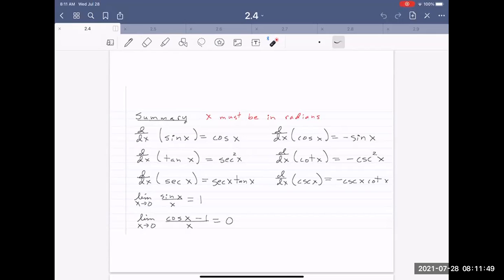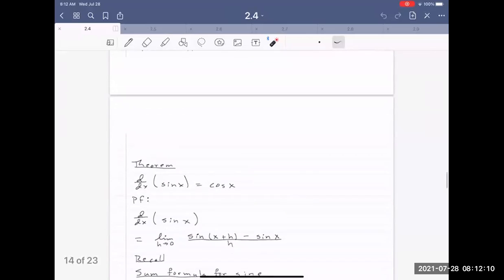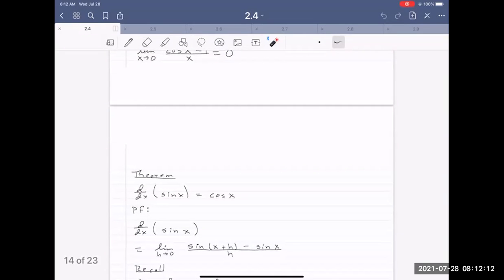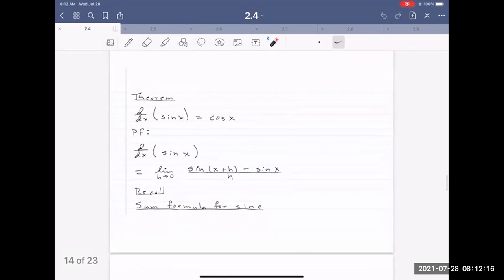Next, the limit as x approaches 0 of sine x over x is 1, and the limit as x approaches 0 of cosine x minus 1 over x is 0. Notice that we're doing 0 over 0 in both.